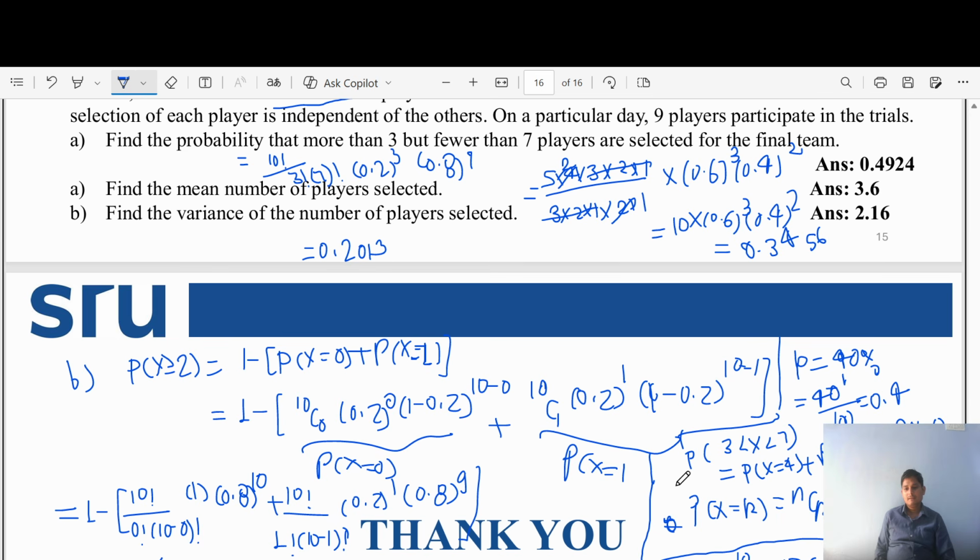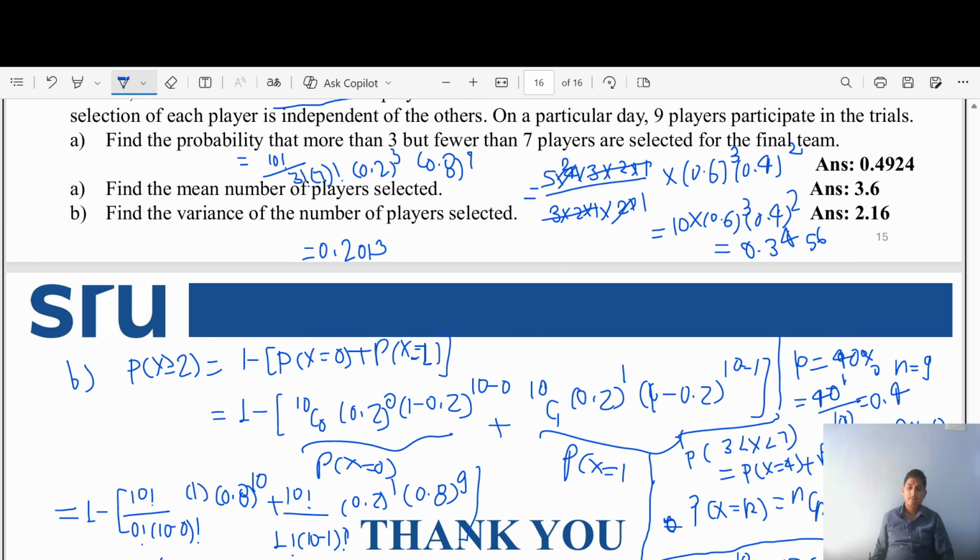N is given: N is 9 players. P is given, K is also given: X is equal to 4, 5, 6. You can evaluate. We also discuss the mean and variance.